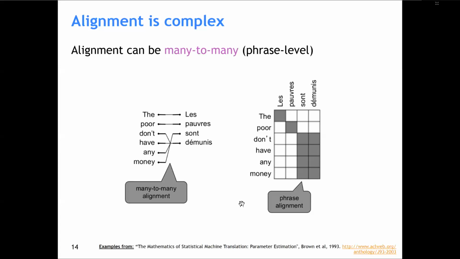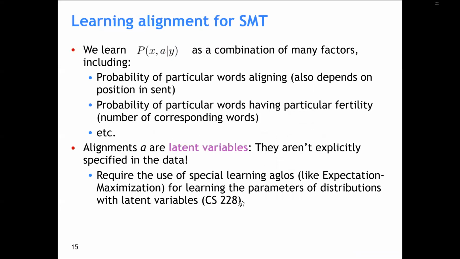Okay, so that's alignment. Although the alignment is not a ground truth label, people usually don't have that many labels to train.